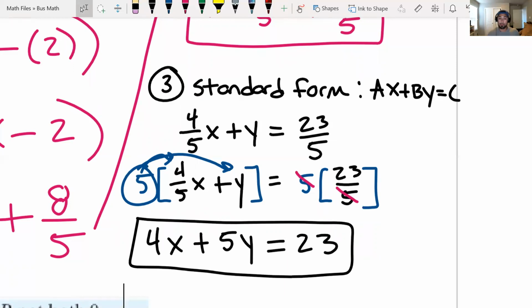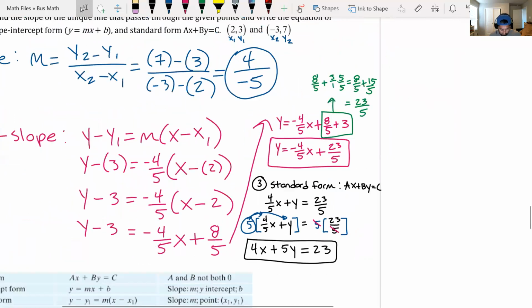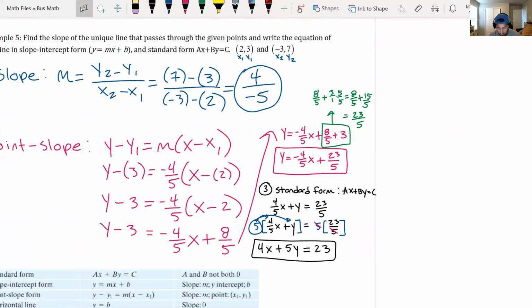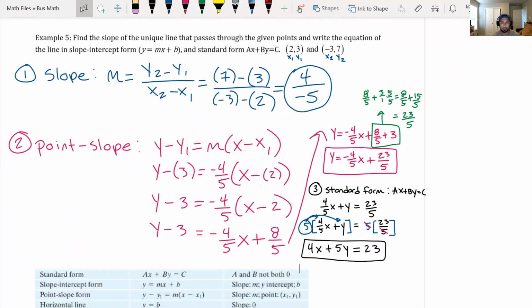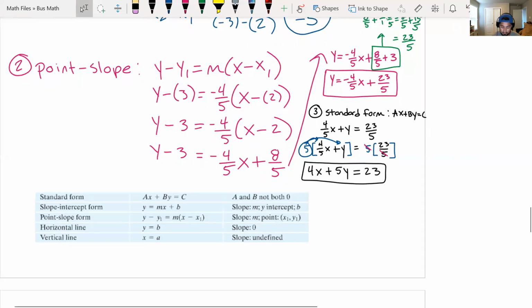And there's the standard form. Whew. All right, perfect. So down below, just everything we've been working with: standard form, slope-intercept form, point-slope form, horizontal line, vertical line. There it is.